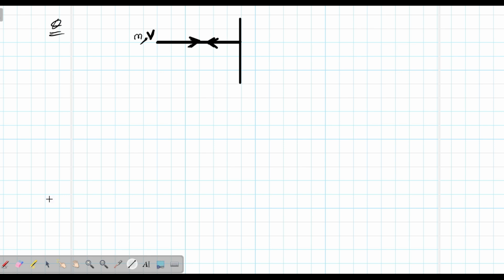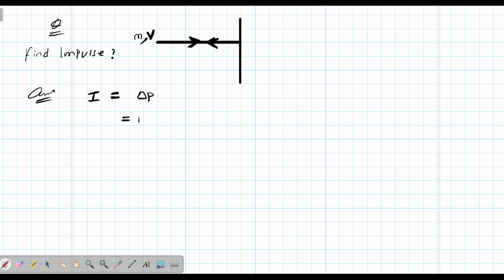So find impulse. Impulse equals to how much? Impulse equals to change in momentum.